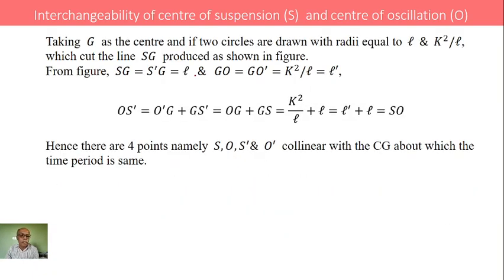Now, taking G as the center of gravity, if two circles are drawn having radii equal to L and L dash, with G as the center of both circles, these concentric circles cut the line SG produced at points, as seen from the figure.